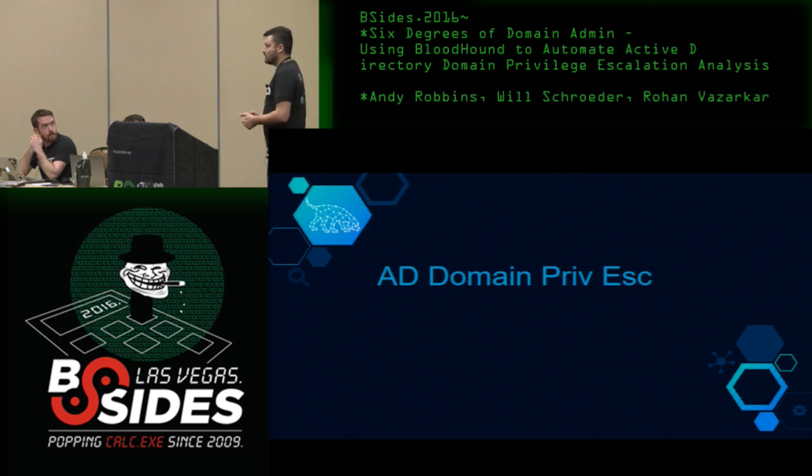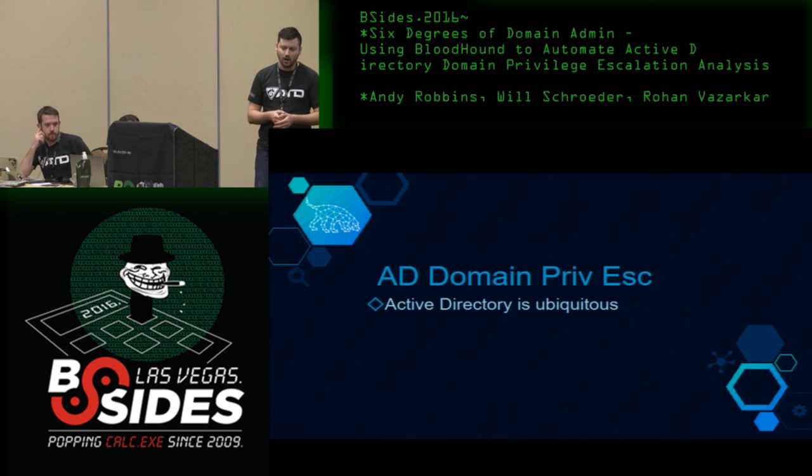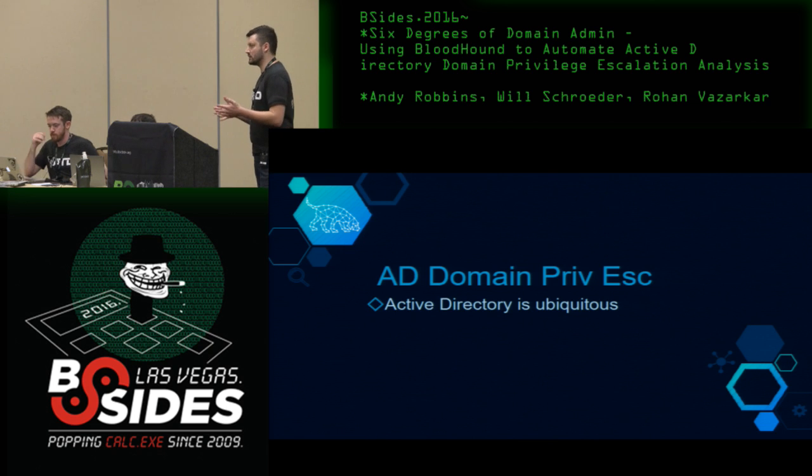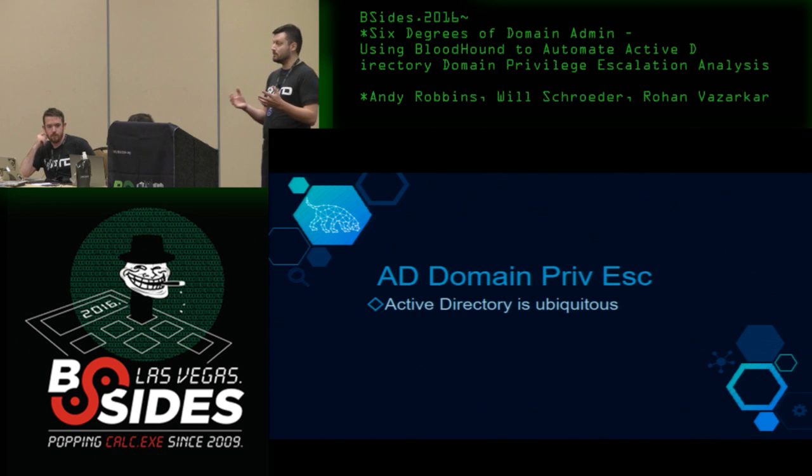All right, so Active Directory, as we all know, is effectively ubiquitous across the entire world. If you see Sean Metcalf's talk at DEF CON or Black Hat, one of the points he brings up is that 98% of the Fortune 500 companies in America use Active Directory. Pretty much a given, right?